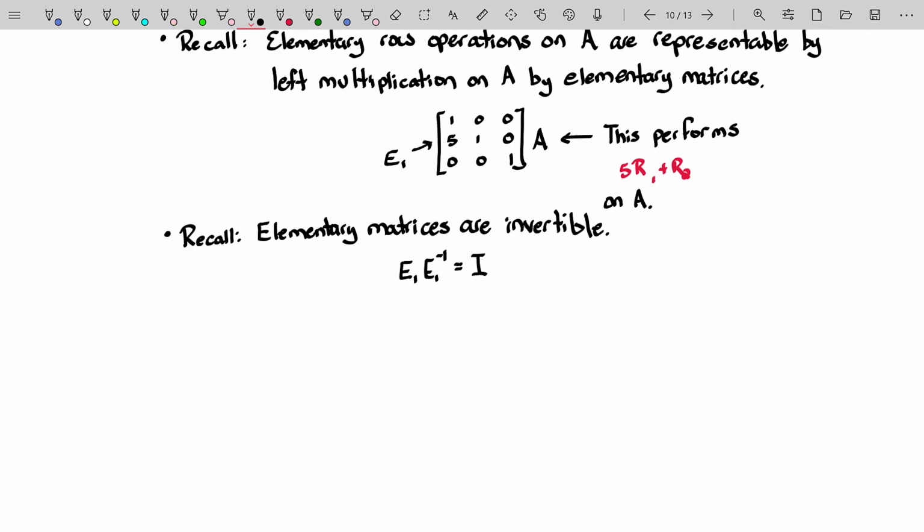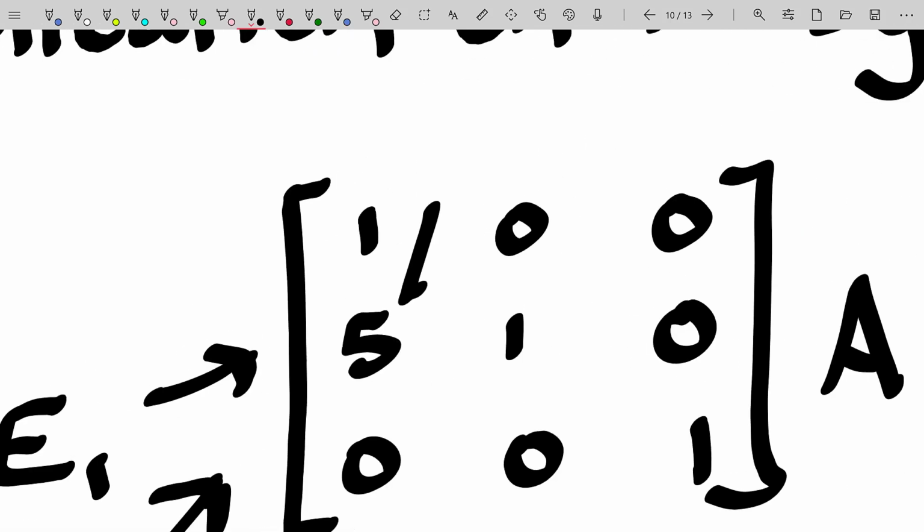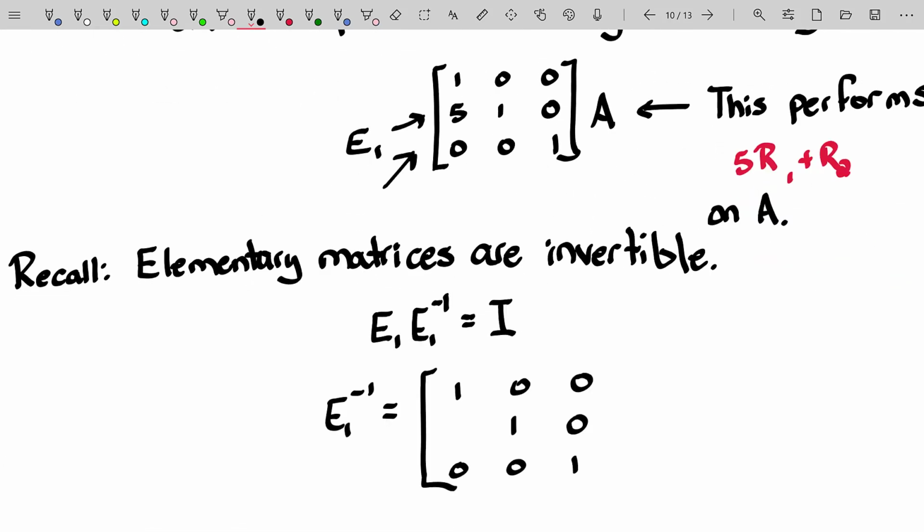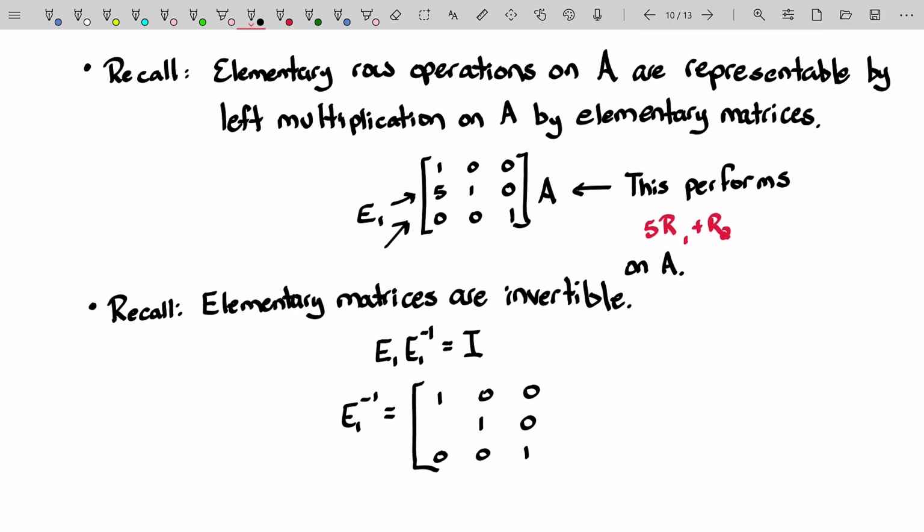By the way, something important to notice. If this matrix right here is E sub 1, then think about how you would undo having taken 5 times row 1 and adding it to row 2. How would you undo that operation? How would you change this entry right here back into 0? Well, seems pretty obvious, maybe, that you would take negative 5 times row 1 and add it to row 2.